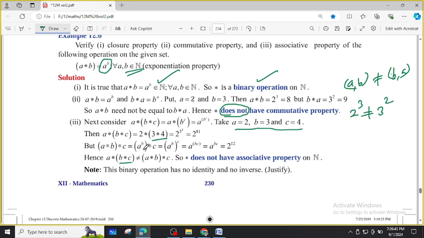Now a power b, again whole power c: 2 power 3, whole power 4, becomes 2 power 12. So now we have different values, 2 power 81 and 2 power 12. So associative is not true here for a power b. Commutative is not true, closure property is true. That's all, we can go with the next example.